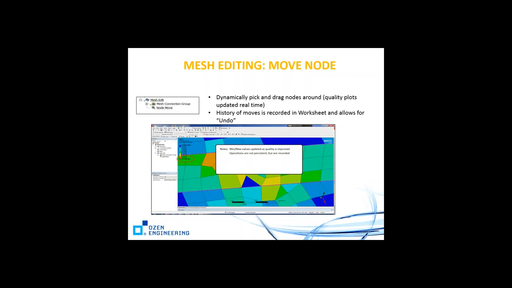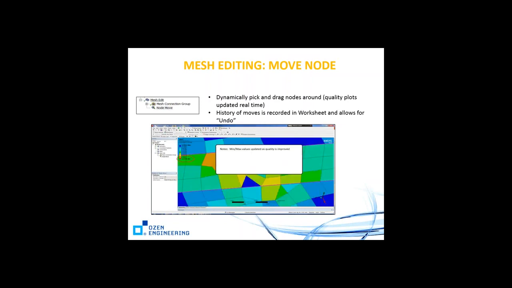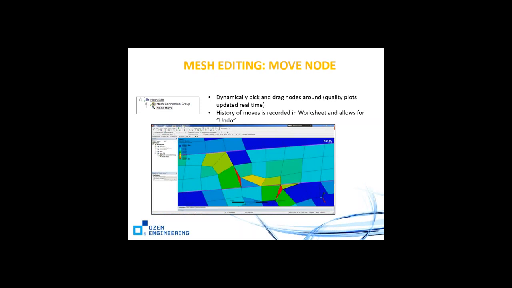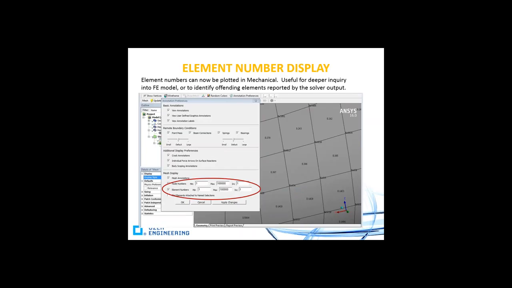That's also a feature that existed in ICEM CFD, and it is now available with version 16 as well. I mean, this is getting into a lot of detail, but it's a new feature in ANSYS Meshing. So you can dynamically edit and move the node by just clicking and dragging it.